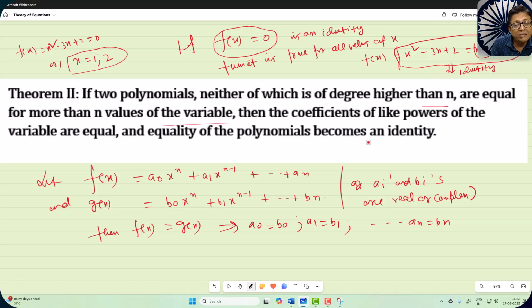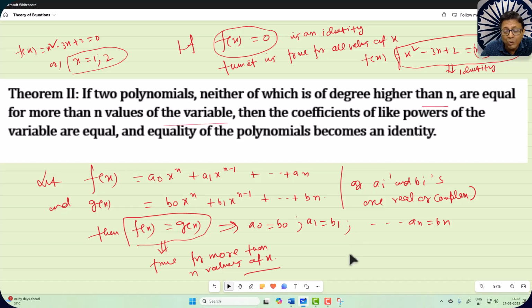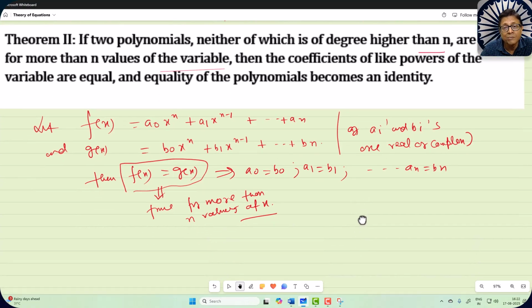The condition is f(x) = g(x) is true for more than n values of x. Okay? We will apply theorem 1 only to prove this. See how to prove this? You stated f(x) and g(x) are polynomials of the same variable x, of the same degree. Then you are saying like parts will be the same.